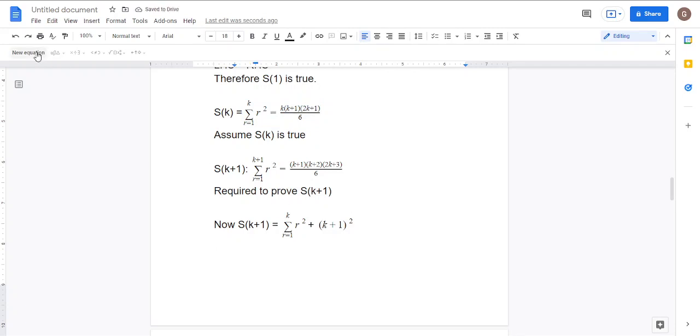Let me start a new equation. I'm going to say that this is the same thing as, I want to replace the sum of 1 to k of r squared, plus we can write back the other term, plus this term here. So we just replace the first term.